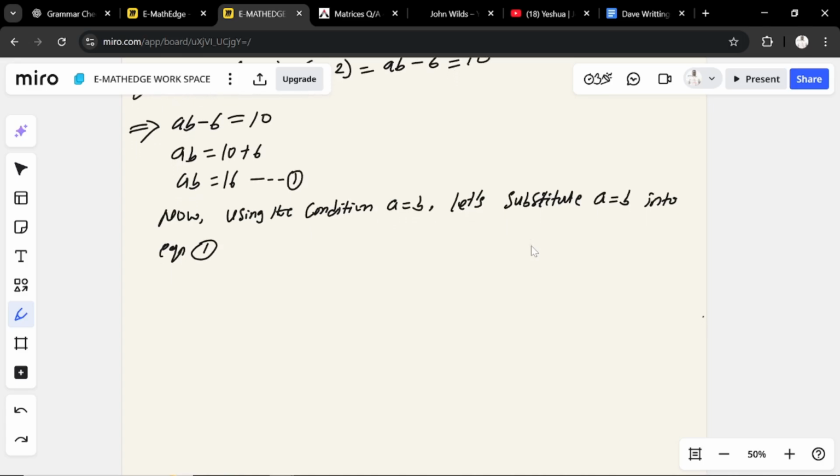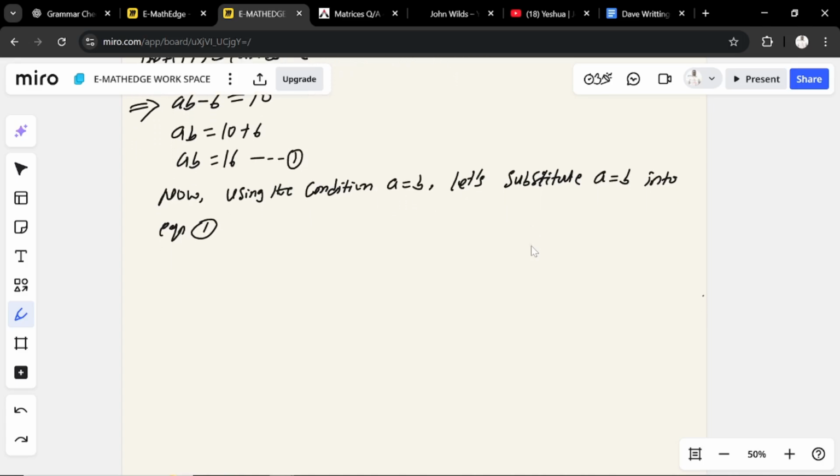So let's go ahead and do that. Since A is equal to B, this simply means that A multiplying A will give us that 16 in equation 1.